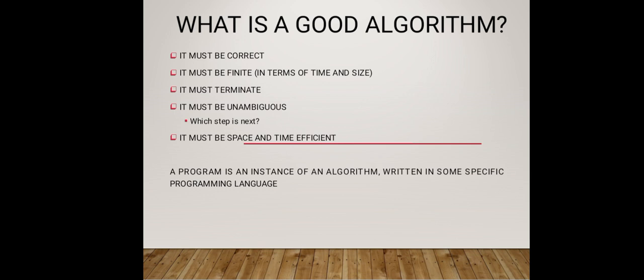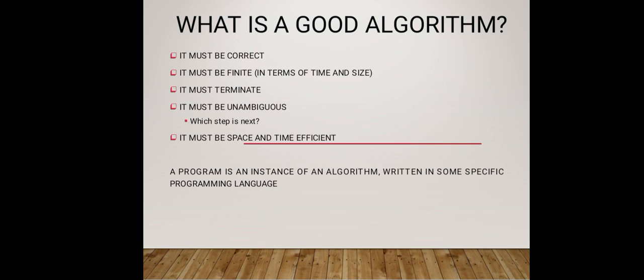What is the goal of a good algorithm? A good algorithm must be correct, which is very necessary. For your algorithm to be good, it must be correct and accurate.